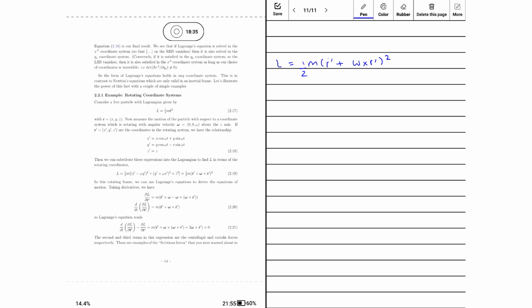So let's just do this. dL by dr is equal to half m remains, then 2 times r dash plus omega cross r dash, into omega, and then d by dt of, and then there's just nothing else.